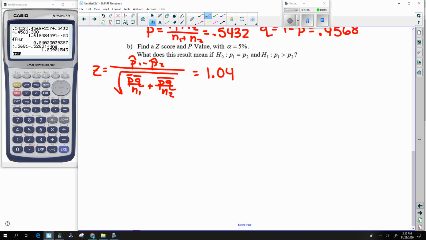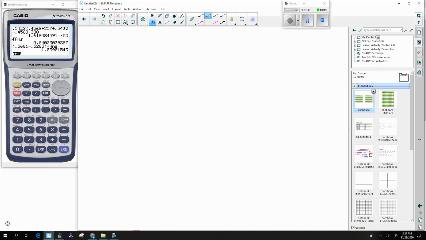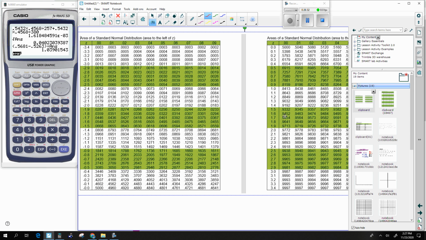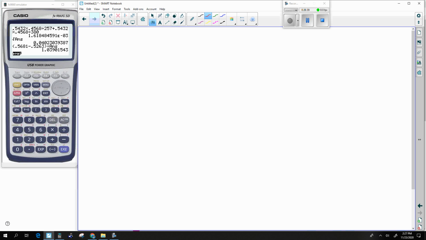All right, so that means the p-value in this situation is built upon a z of 1.04. So look at the z table, negative 1.04, you always look it up as a negative. Negative 1.04, 1492.